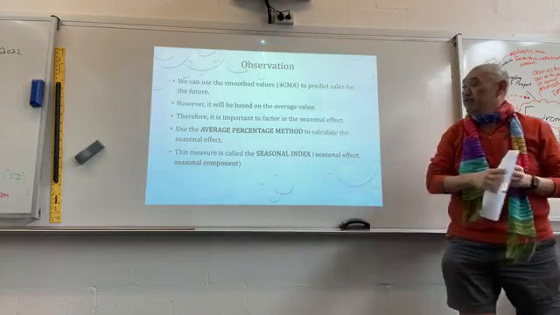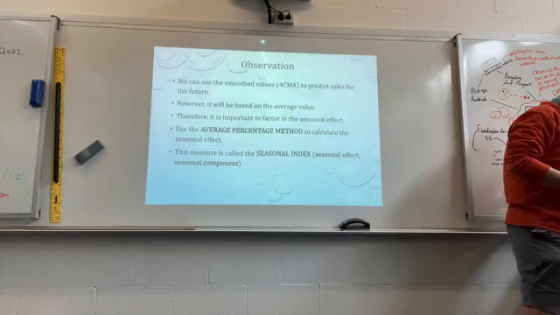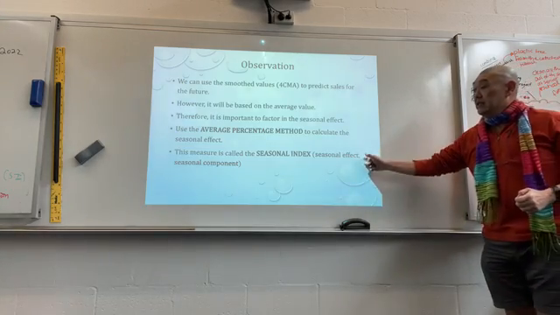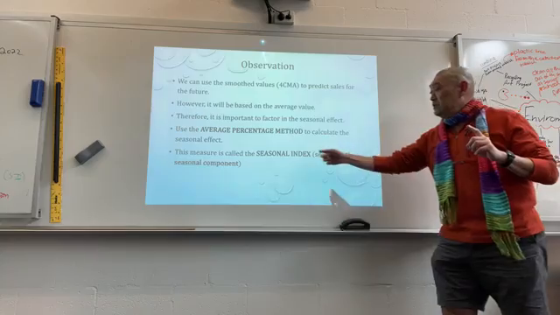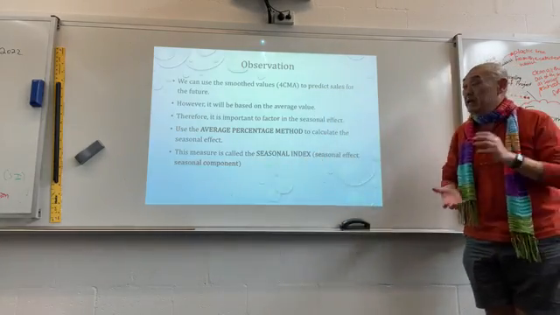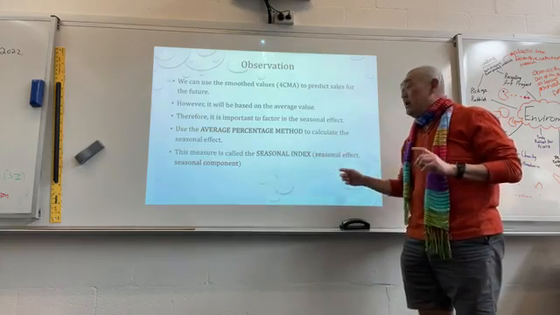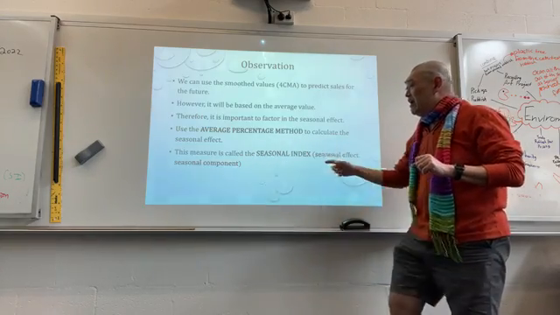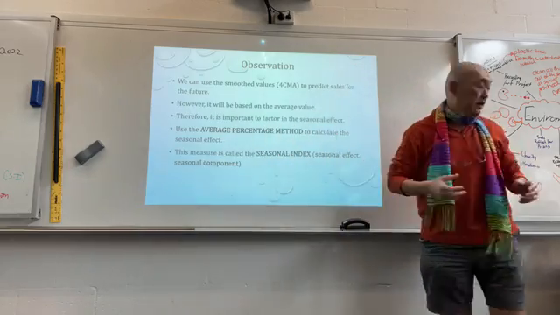Alright, that is what average percentage method means. And this measure is called seasonal index, or the seasonal effect, or the seasonal component. So these three will be sort of interchangeable in the exam. Most of the time they use seasonal index. I have seen seasonal effect and also seasonal component, so make sure that you understand that.